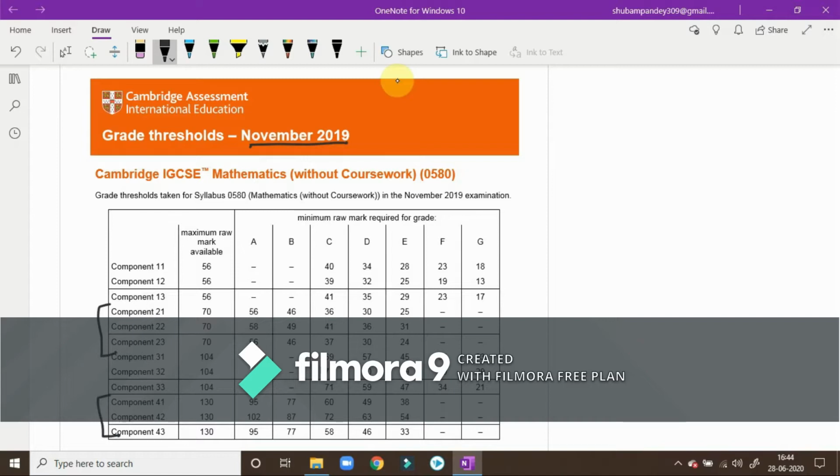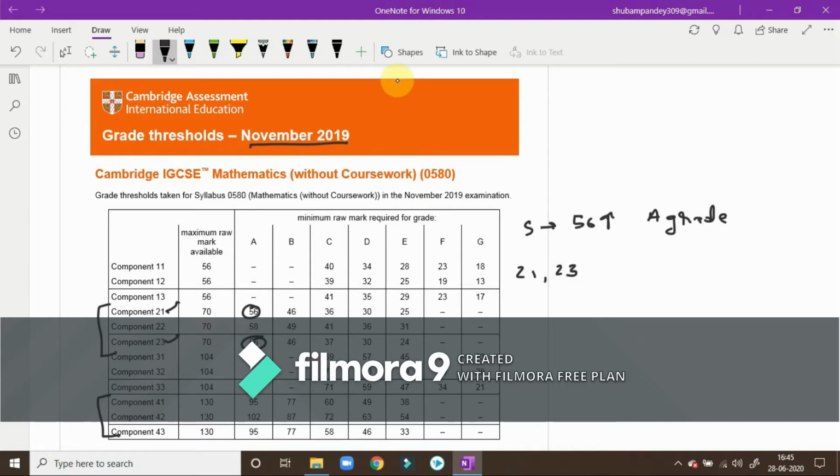For components 21 and 23, you need to score 56 marks, which means if you have a score of 56 or higher, you have an A grade in that paper. Whereas for component 22 you need to score 58 marks. So for components 21 and 23 you have to score fewer marks.